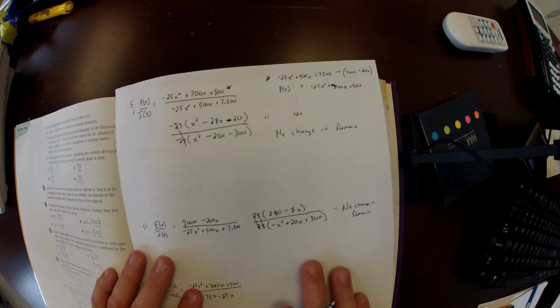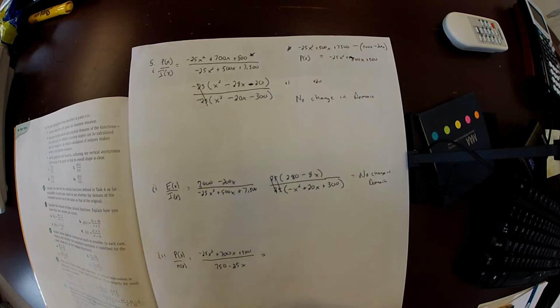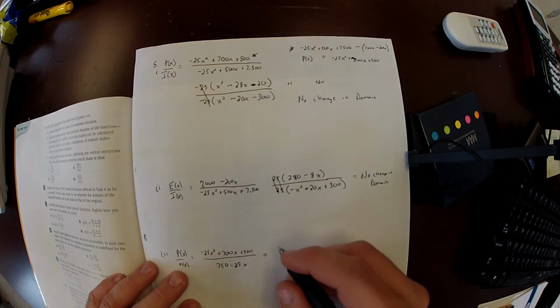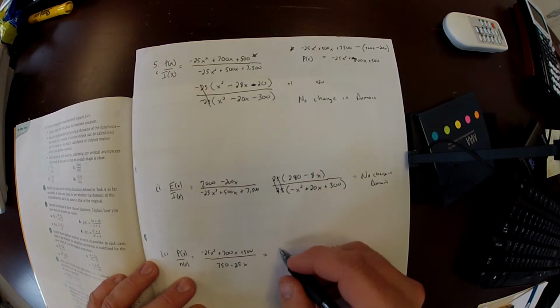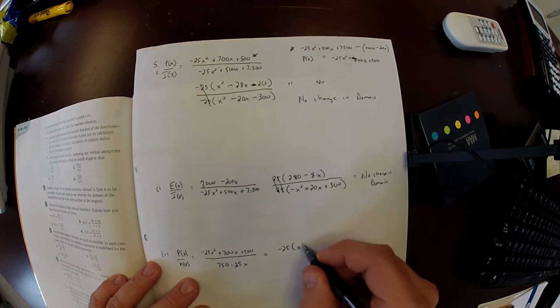Okay. Then we're moving on to the next piece here with negative 25x squared plus 700x plus 500 over 750 minus 25x. Again, I get those 25s, so we're going to factor those out. I'm going to factor out a negative 25 in this case. Factor out a negative 25, I get a positive x squared.